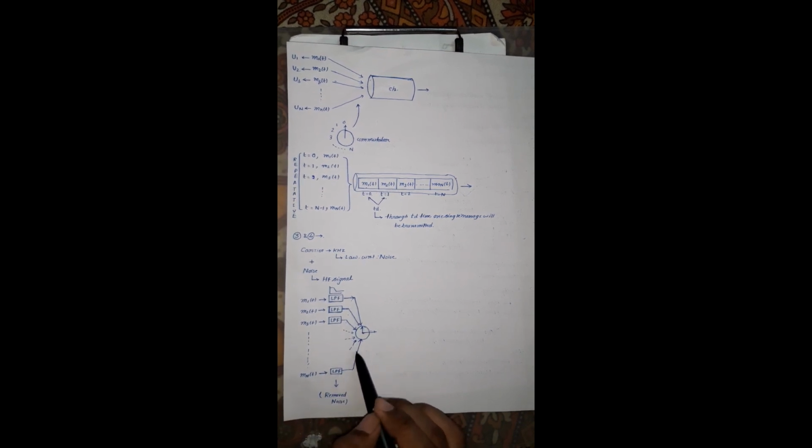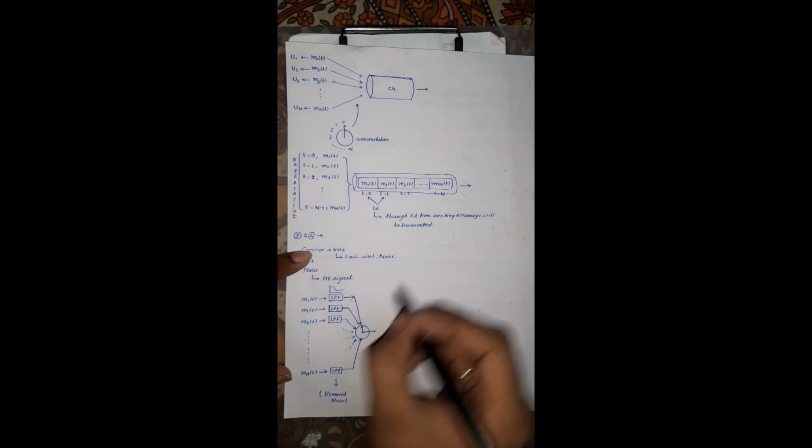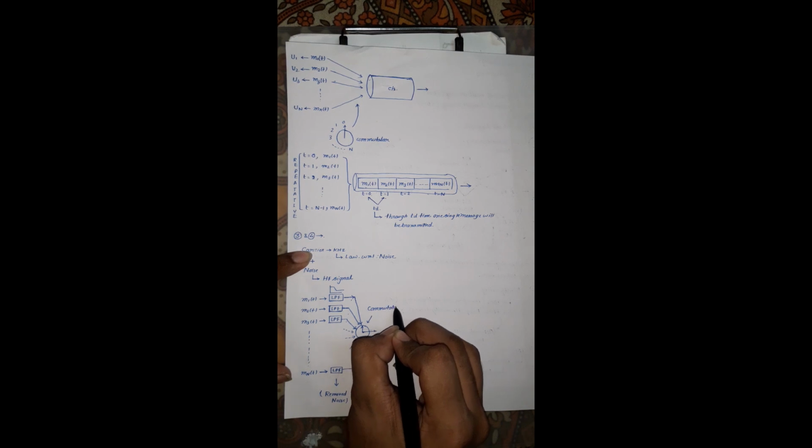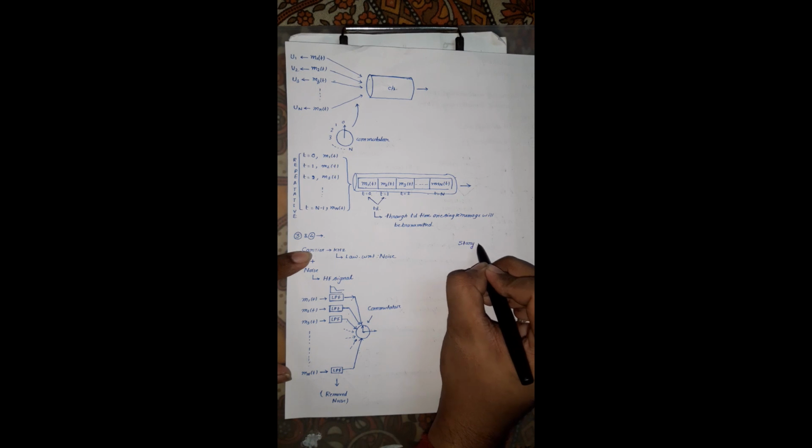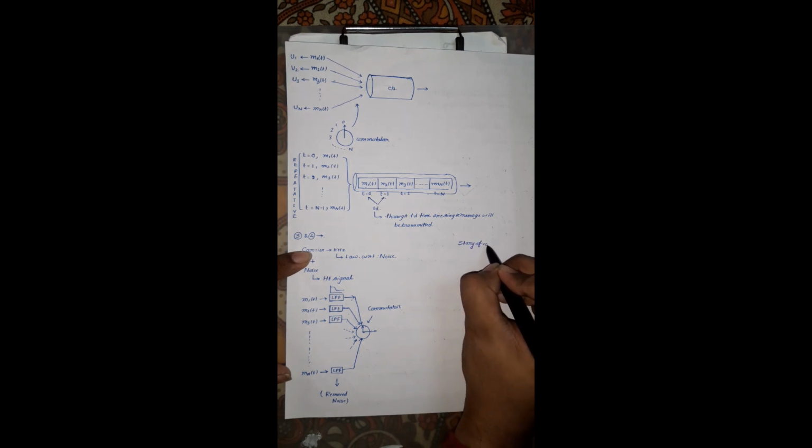Basically this clock hand shifts, it stays at 1, at 2, at 3, 4, 5, 6, 7, 8, 9, 10, up to the nth message, for some time, and this process is repeated again and again. This is called the commutator. Now we will see the story of the commutator over here.